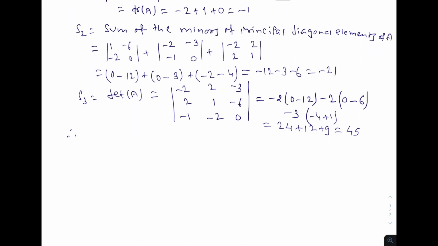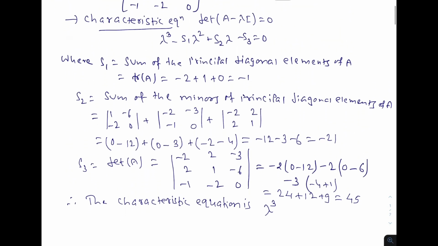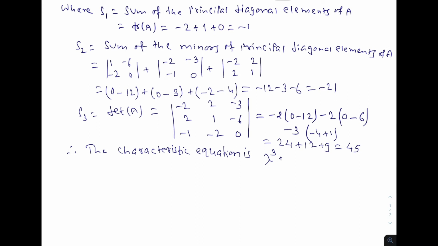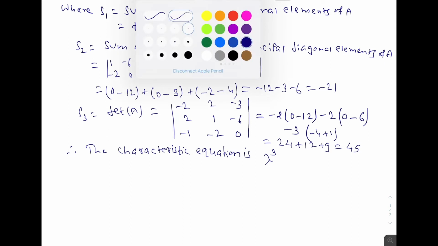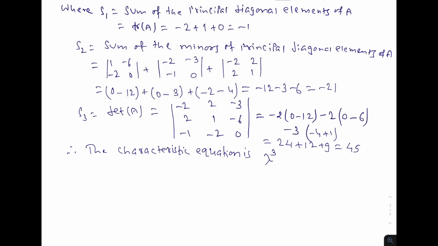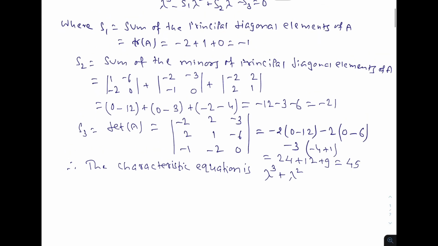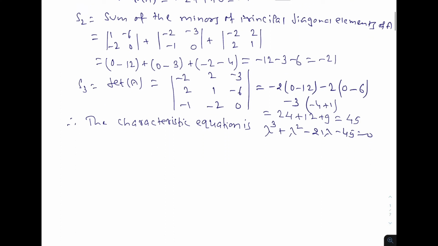Therefore the characteristic equation is lambda cube minus S1 lambda square, so minus and minus is plus lambda square, then plus S2 lambda, and S2 is minus 21, so minus 21 lambda, then minus S3, so minus 45, equal to 0.